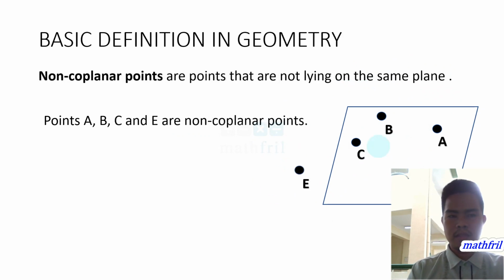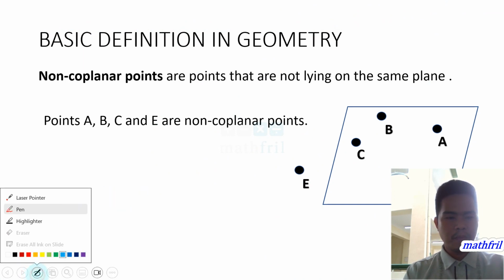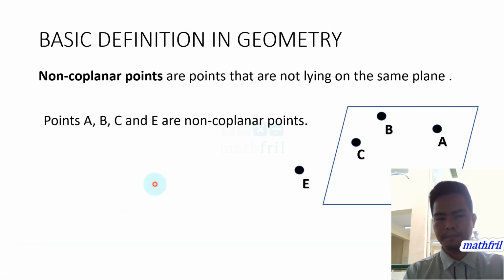Non-coplanar points. Non-coplanar points are points that are not lying on the same plane. So maybe you can visualize a kind of cube. Just imagine a Rubik's cube.